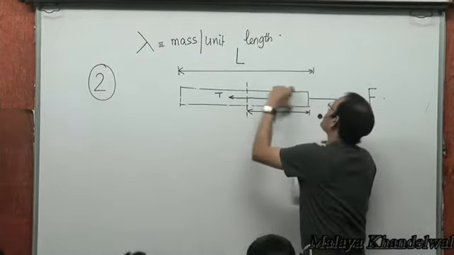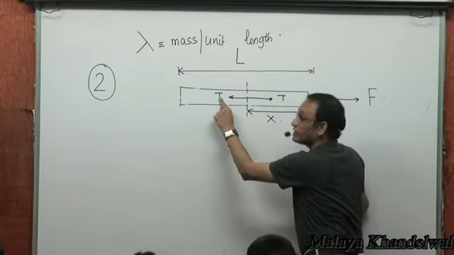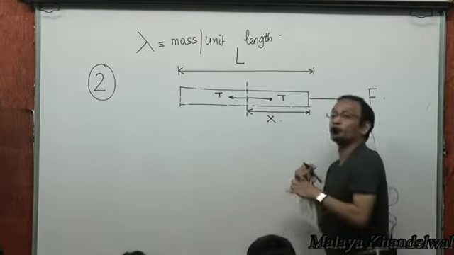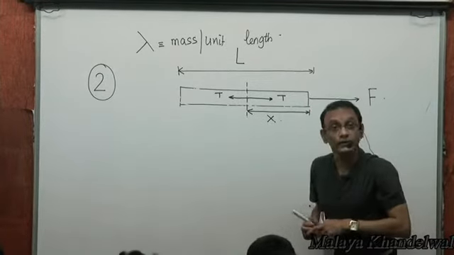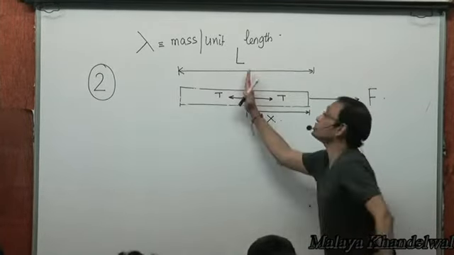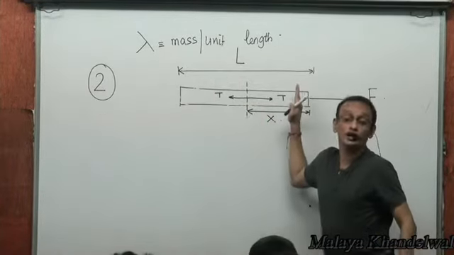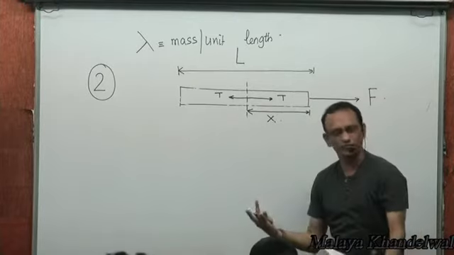So this portion of the rope will experience this T, whereas this portion of the rope will experience this T. Now, in order that I could compute T, I should be able to partition the rope here and look at the free body diagram of the left portion or the right portion, right? Anyone would do.